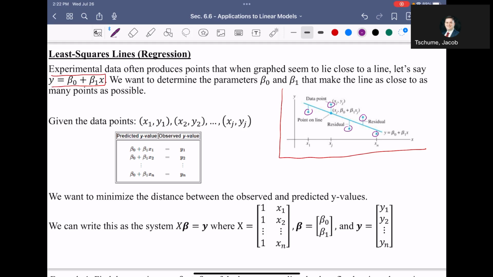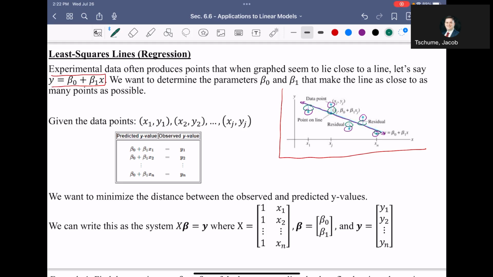So instead, what this idea of least squares lines is going to do is find a line that, if you were to add up all these errors, would give the minimum sum of errors that you can find. So you're trying to find a line that gets as close as possible to all your data points, even though it may not cross them all exactly.